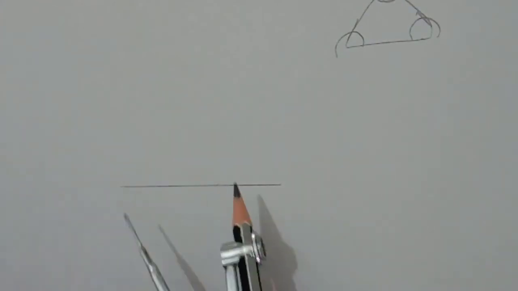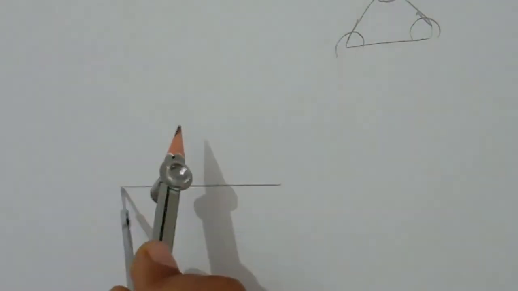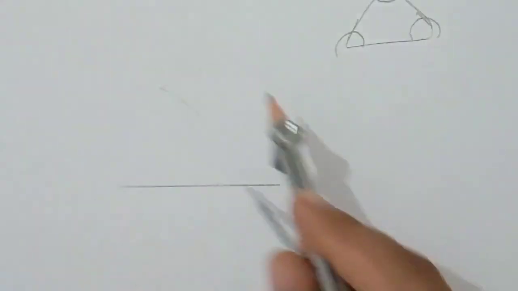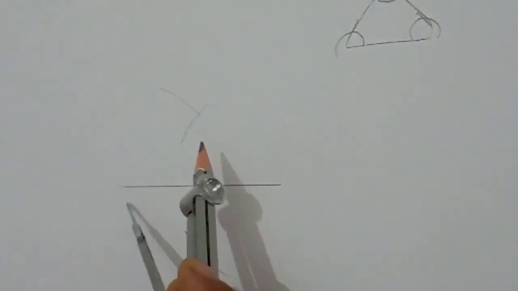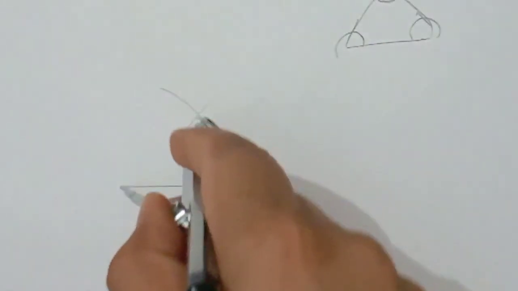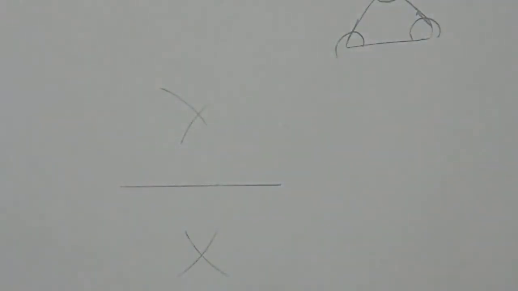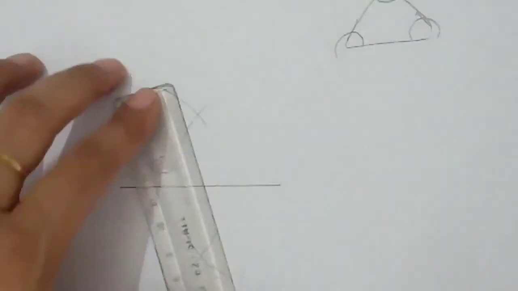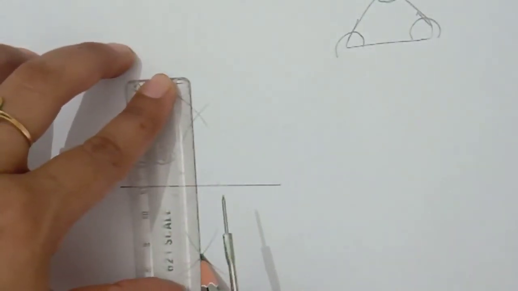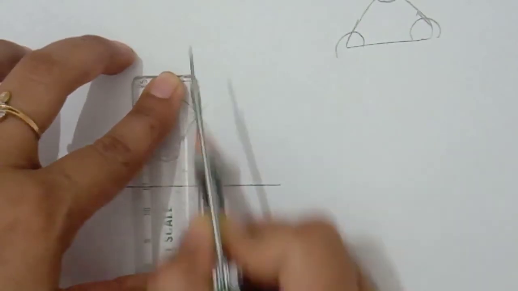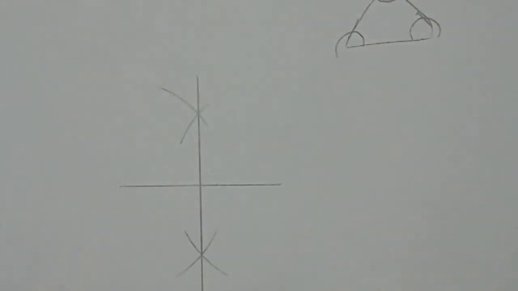Open our compass more than half, and then join these two. This is our perpendicular bisector.